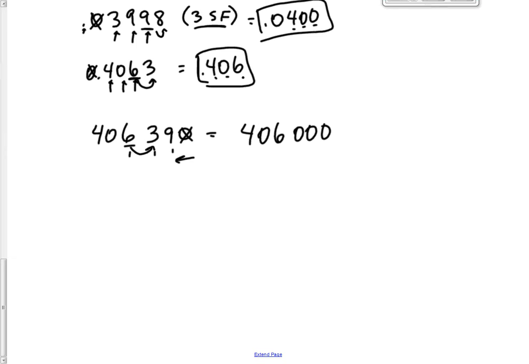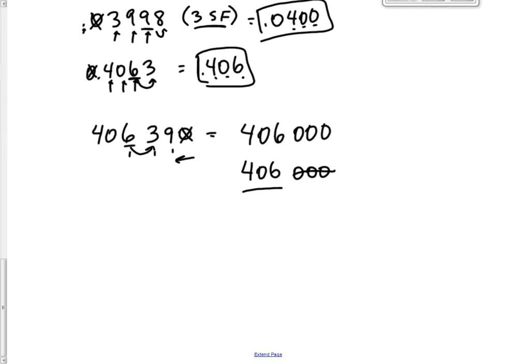406,000. All right, a lot of people will just put 406. Okay, you cannot round 406,390 down to 406. Okay, it just mathematically is not possible. Okay, so do not forget to add the zeros when necessary. Now, these are not significant zeros, but they do add to the value.